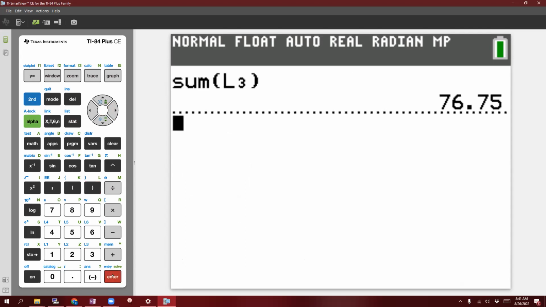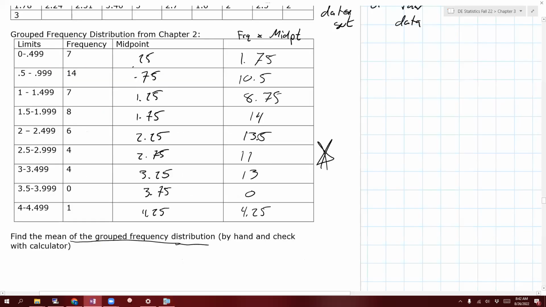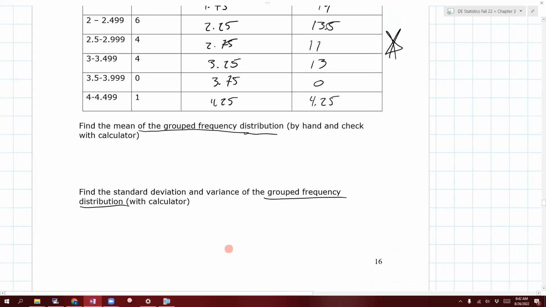Using that sum feature allows me to find the total as if I had added all of that up by hand. And so I get 7675. I can go back here and write out my formula.